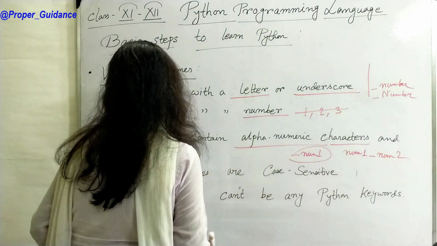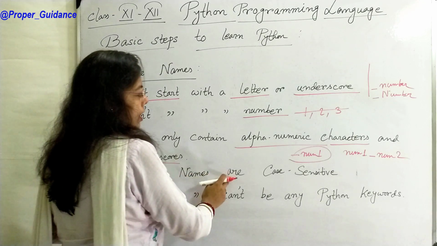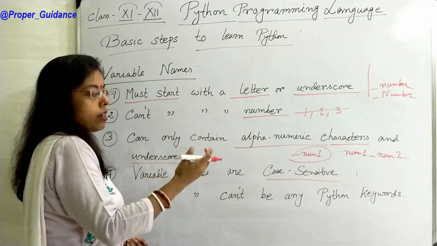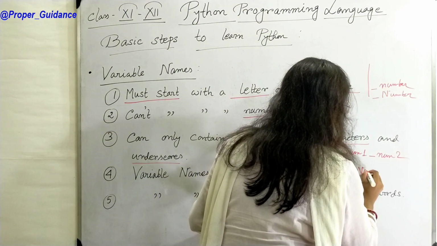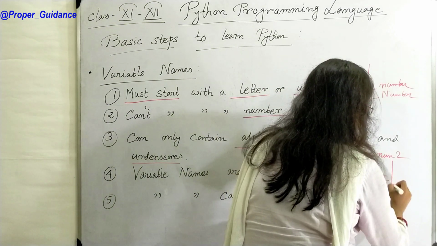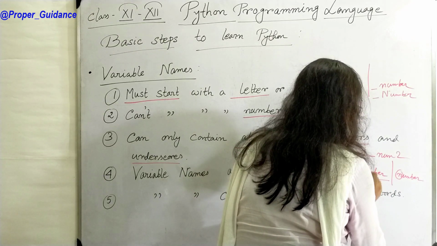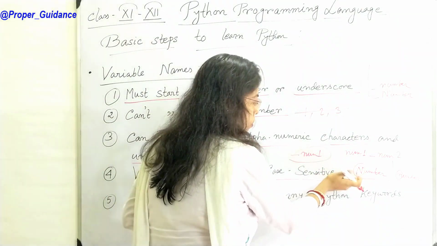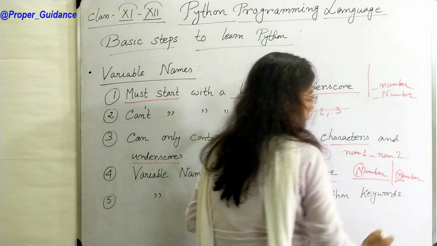This is the way. And point number 4, variable names are case sensitive. What is case sensitive? Case sensitive means when I write a variable name like this, number, this is not the same as Number, because the first character here is a capital N, and here it is a small letter n.